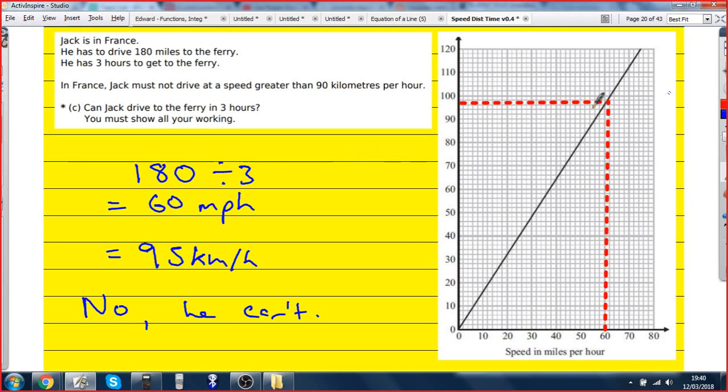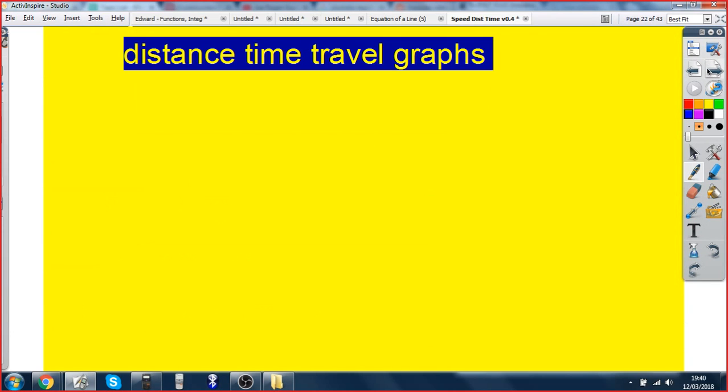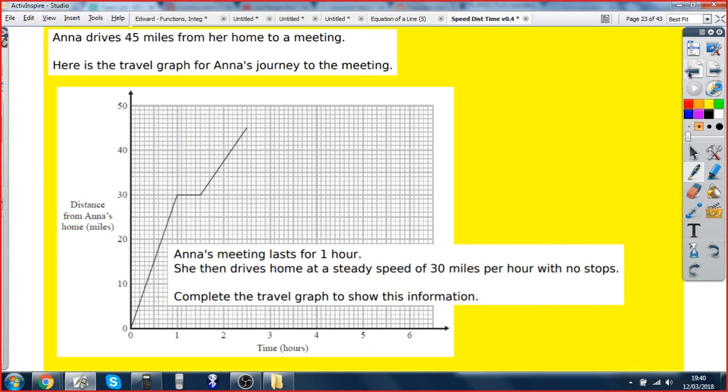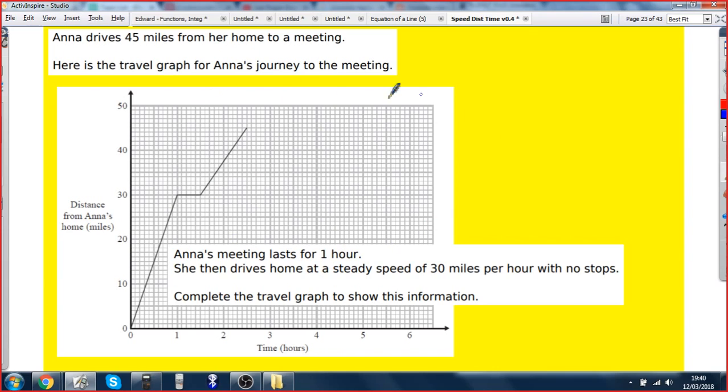No. Okay. So distance time travel graphs is the next thing. So any idea how you would represent this?